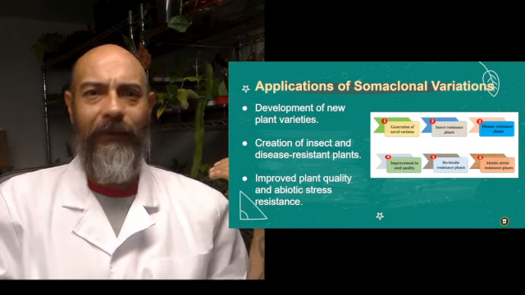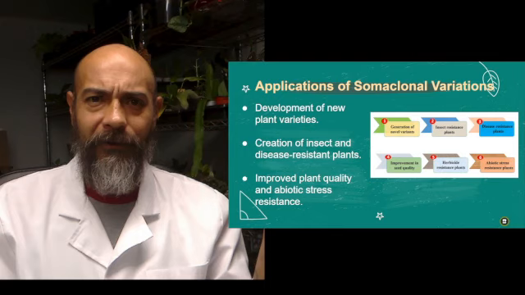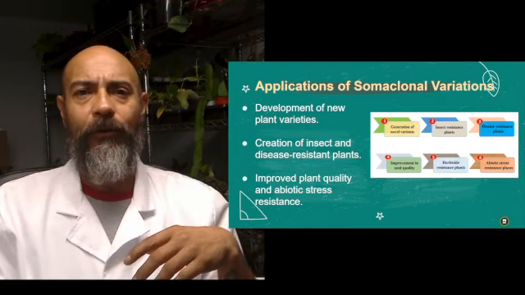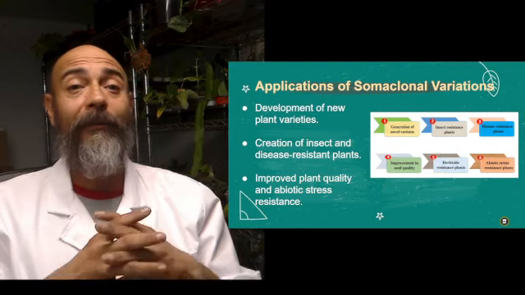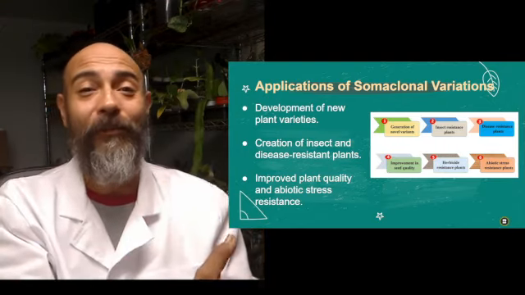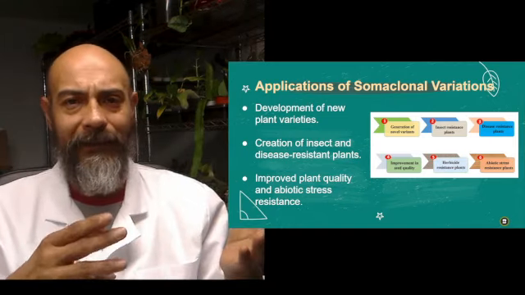Now, why would you want to do that? What is the purpose of somaclonal variation? Why would you induce it? Well, there's a couple of reasons. Some of it is simply just to produce a new variety of plant, a new hybrid of plant, or to come out with two different ones and be able to breed them so that you have an entirely new plant by seed. Another one is to affect the insect and disease control, right?